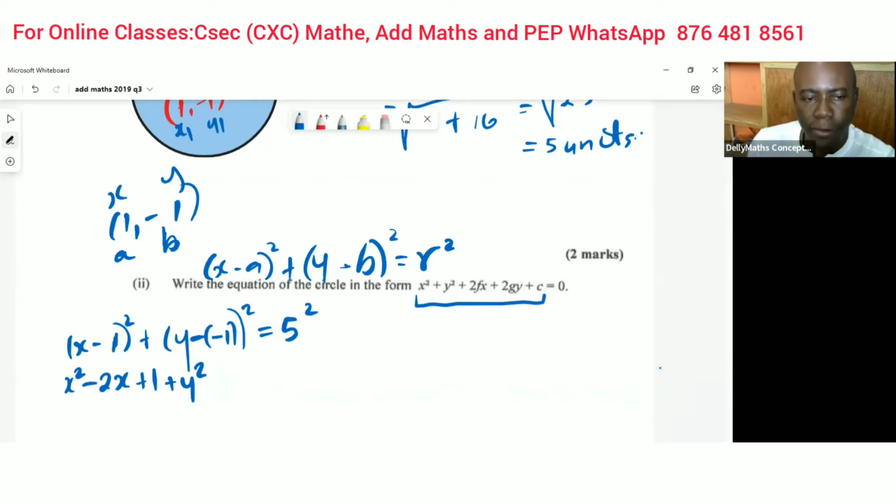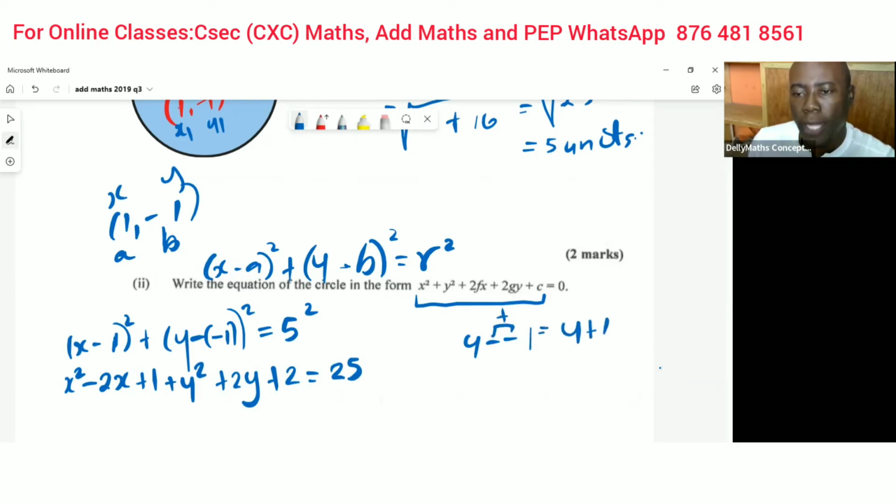So we'll get positive 2y when we expand that, and then a positive 1. This is equal to 25. For persons who are wondering, y minus -1 would have automatically become y plus 1, and when we square this, that's when we get the result that we got there.